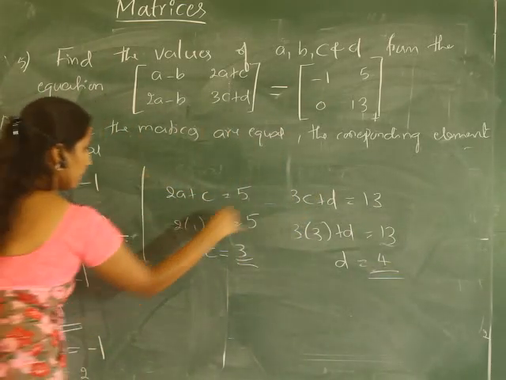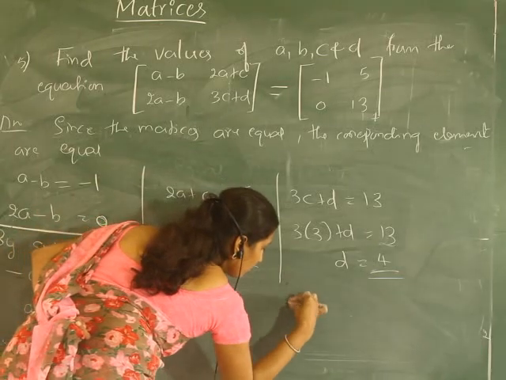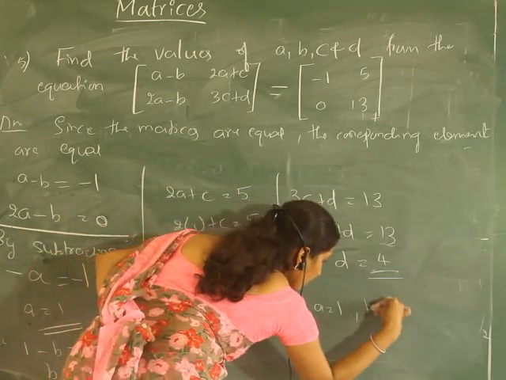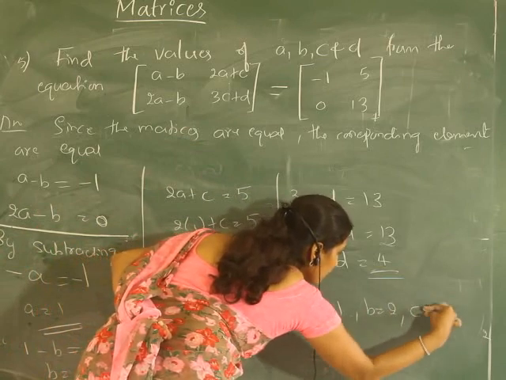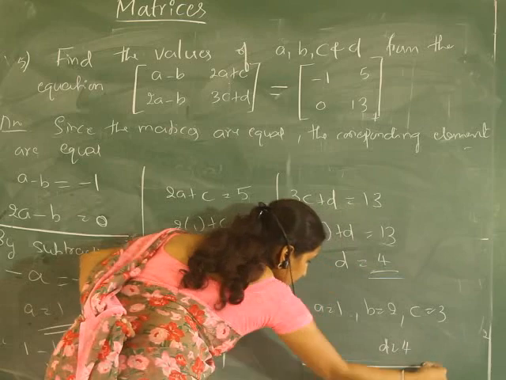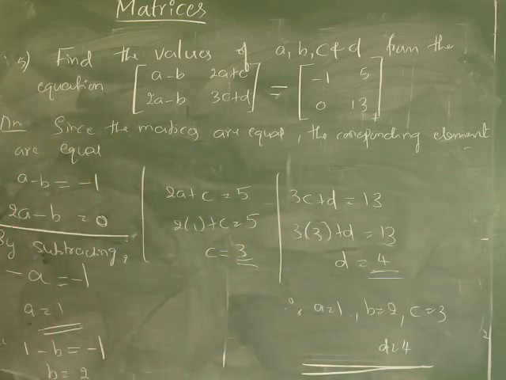Therefore A is equal to 1, B is equal to 2, C is equal to 3, and D is equal to 4. So these are the values of A, B, C, D by equating the given values.